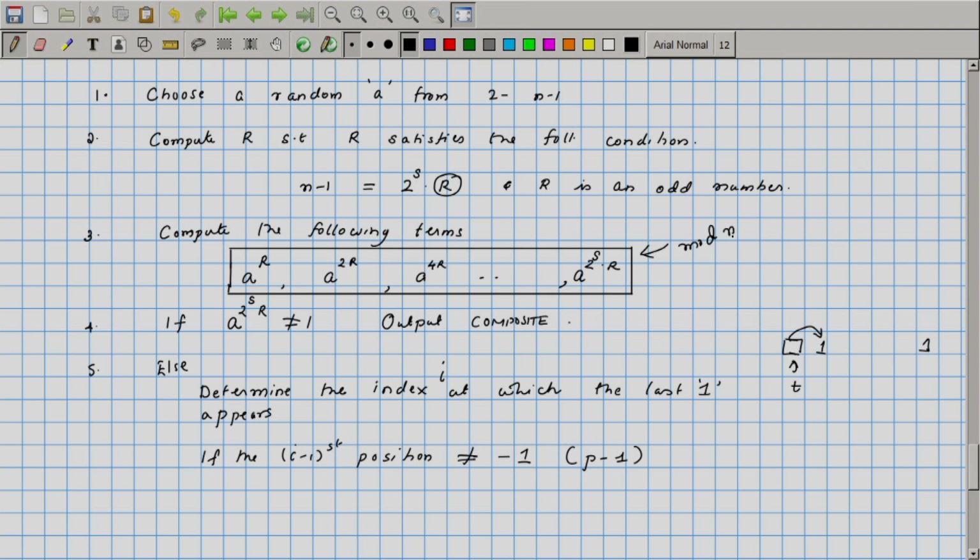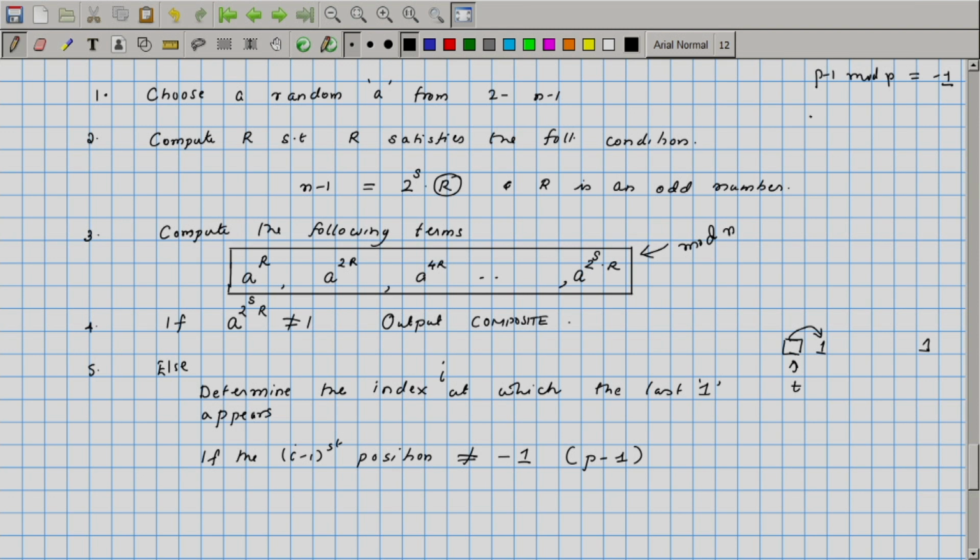All these operations we are carrying out mod n, and if the (i minus 1)th position is not equal to minus 1, so minus 1 is the equivalent of p minus 1. So, p minus 1 mod p, we can just write it as minus 1, or minus 1 as a symbol for p minus 1.